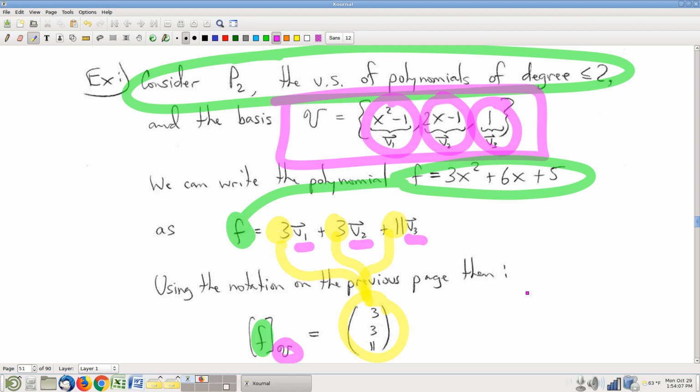Write F as it's given above. Equate like coefficients. You get a system of equations, and then solve. That part of the problem is just mechanics, but what I wanted to focus on here is what this notation means.